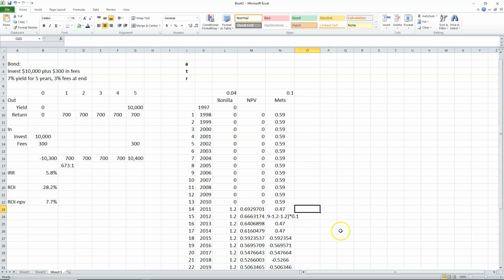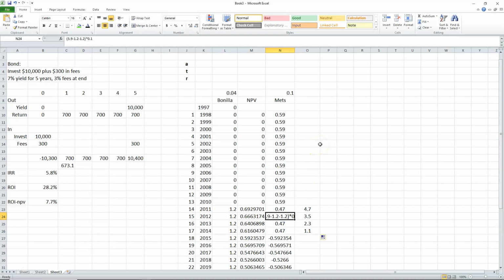And actually it'd be a lot easier just to do this. Equals 5.9 minus 1. Minus whatever this amount is. And then for the next one, instead of 5.9, it's the previous number. And so on.